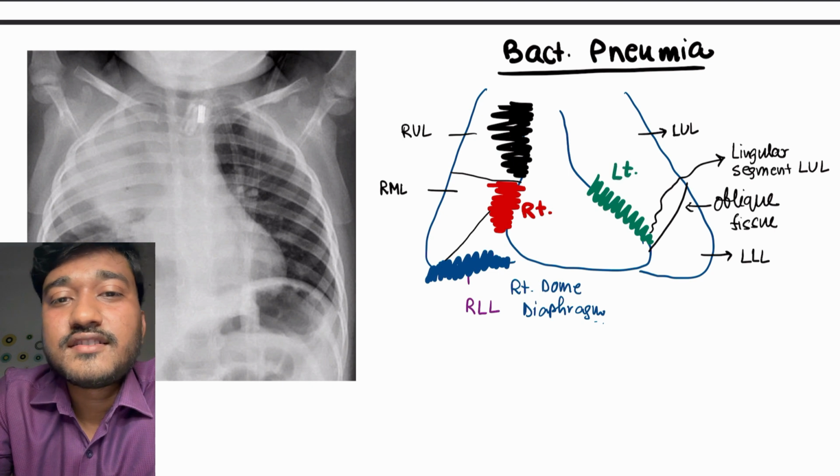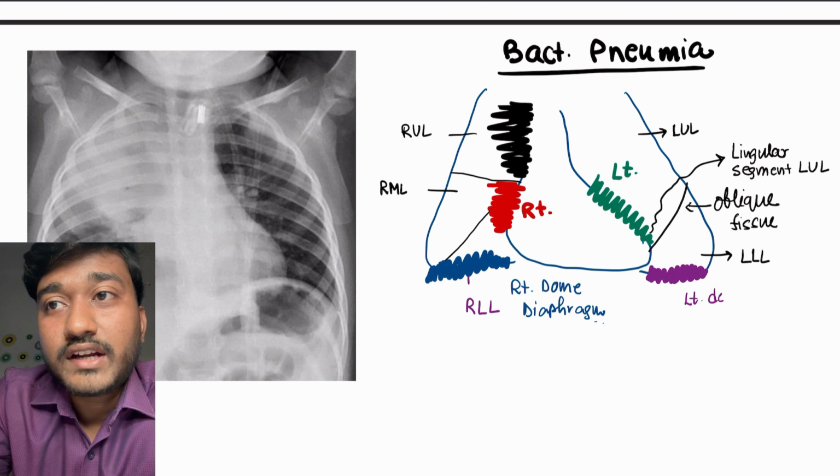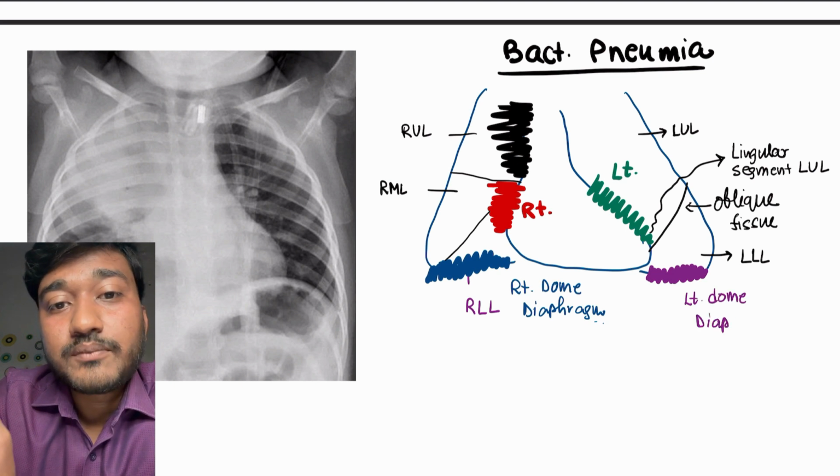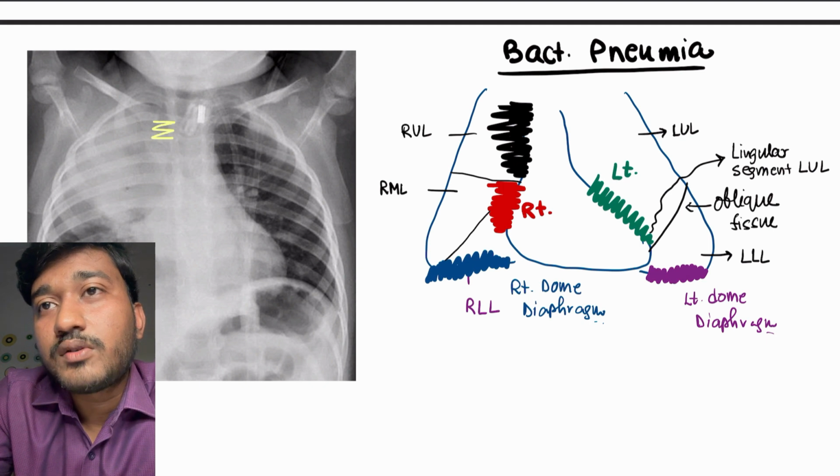What is it? This is due to left upper lobe consolidation, mostly the lingular segment of the left upper lobe which is getting involved. And if you cannot make out the left dome of the diaphragm, if it is widely opacified, this is due to left lower lobe consolidation. Please remember this picture, because that is how you will be able to differentiate which lobe is involved.